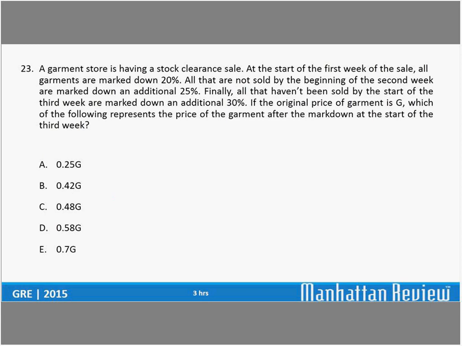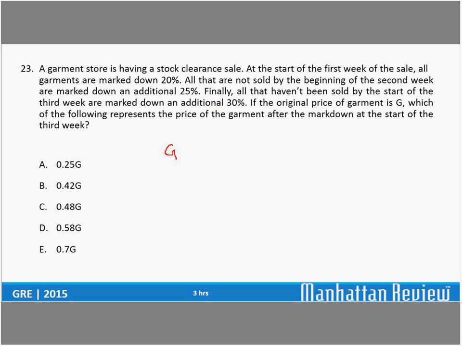Now look at this question. So read the question. The garment store is having a stock clearance sale. At the start of the first week of the sale, all garments are marked down 20%. First it is 20%, so what should you say? Here, because in the answer choices you could see variables, if it was in percentages, I might have started with 100.